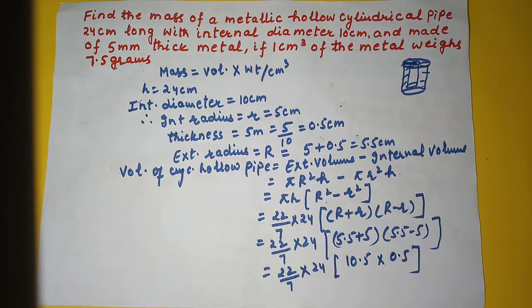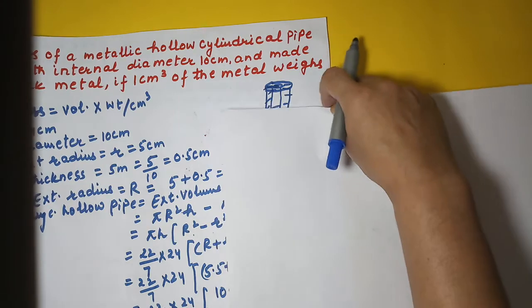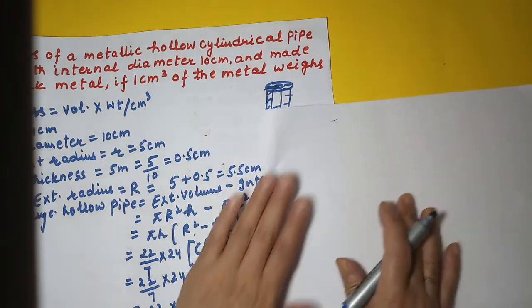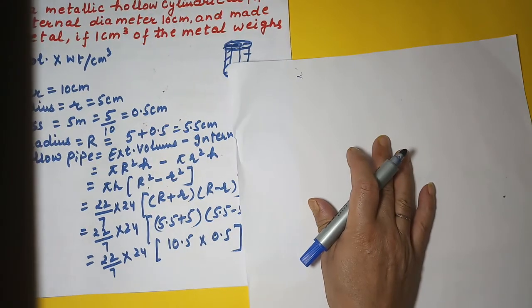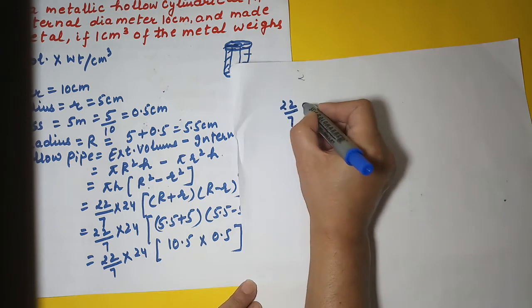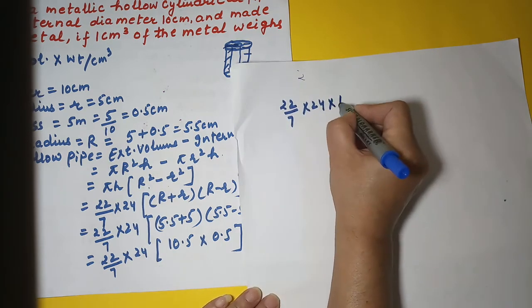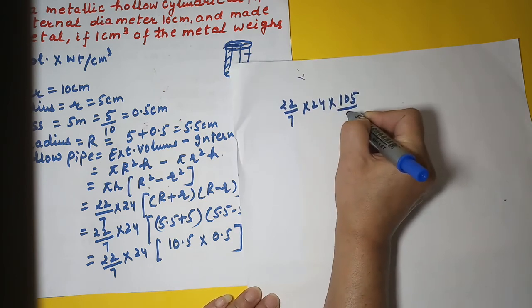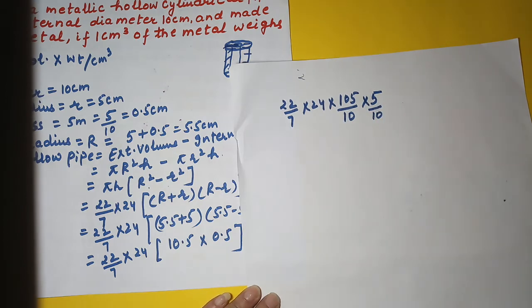So if I want to further calculate this, how do I do it? So I have now 22/7 into 24, and this becomes 105 divided by 10 into 5 divided by 10, right?